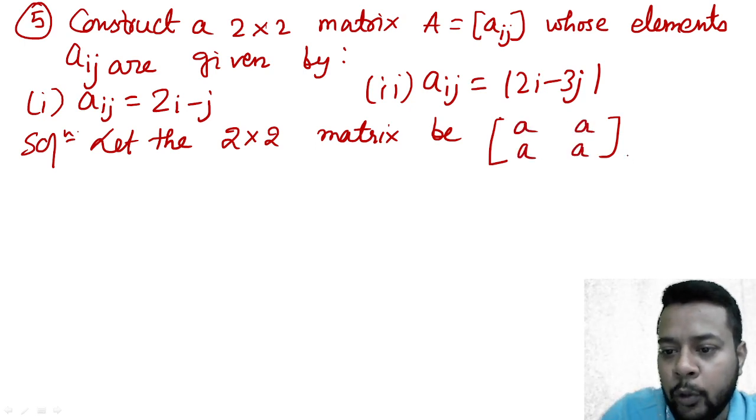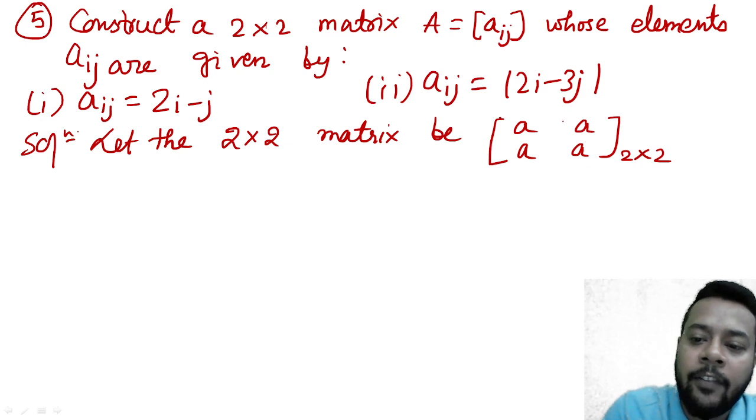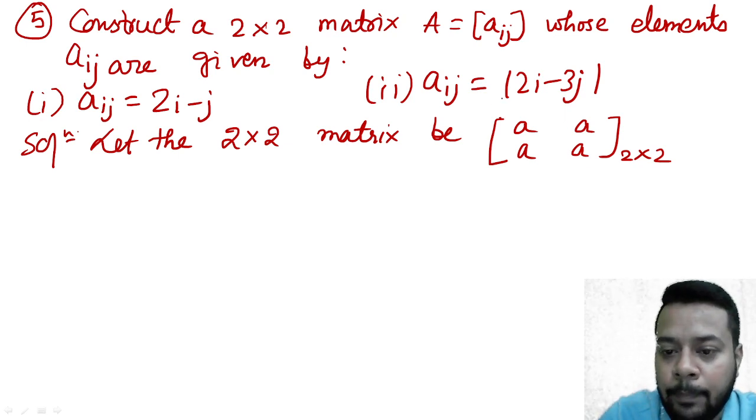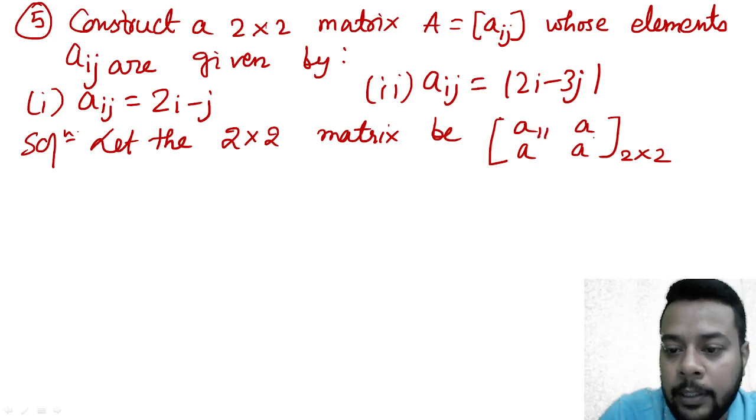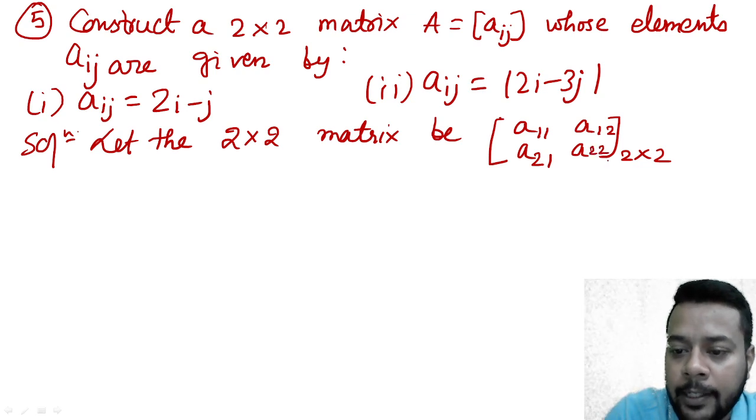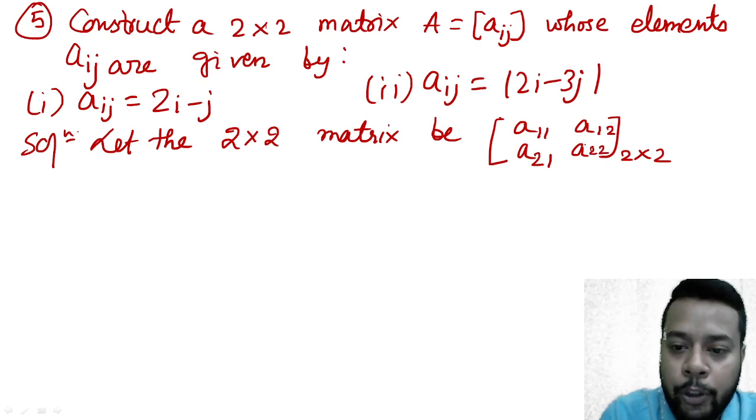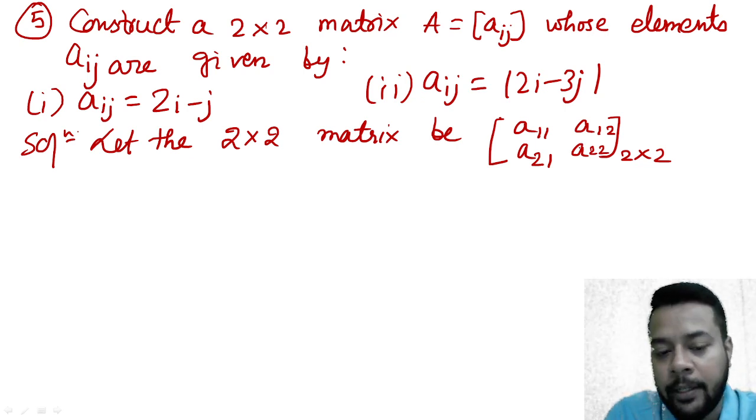First of all, this position is first row first column, this is first row second column, this is second row first column, and this is second row second column, right? So these are the positions of the 4 elements of a 2 by 2 matrix.